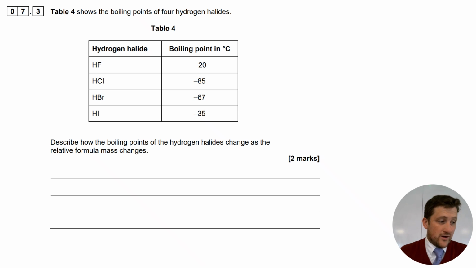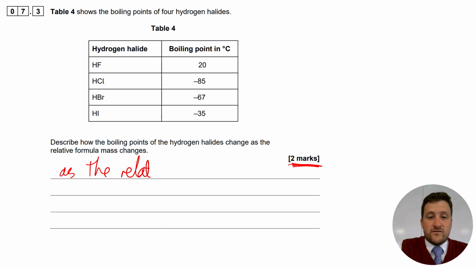7.3. Describe how the boiling points of the hydrogen halides change as the relative formula mass changes. It's a table question. As simple as that. Okay, so we need to talk about two things. There are two marks, not just a simple one mark. So you need to say as the relative mass, now we can't say changes.